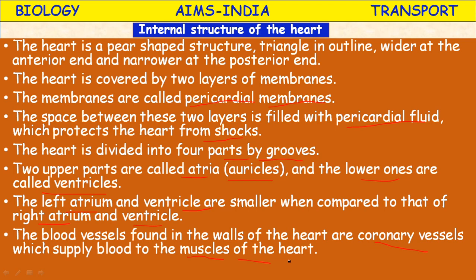The muscles of which the heart is made are called cardiac muscles. They are supplied with more mitochondria to provide more energy. Those muscles are involuntary striated muscles. Structurally they are striated, and functionally they are non-striated. They work from birth to death.